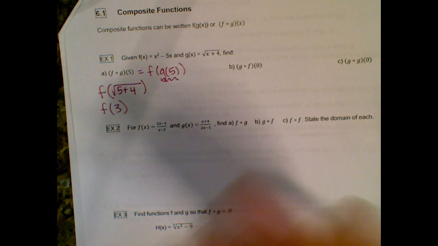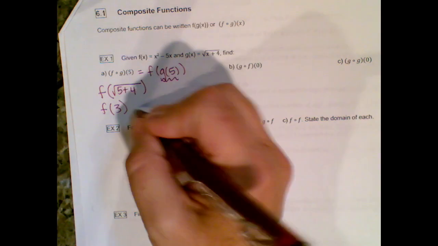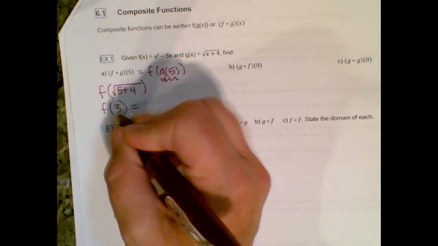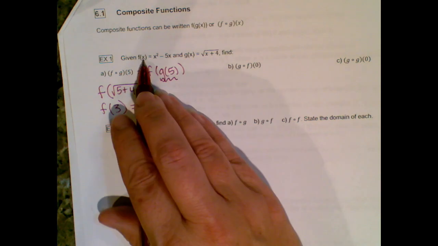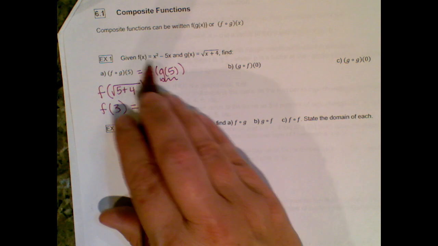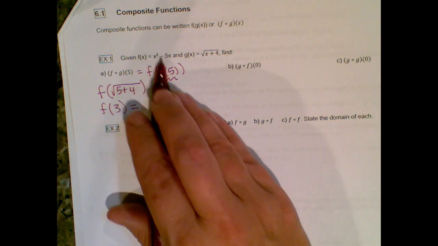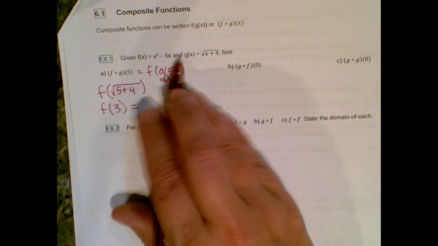So now we've turned it back into an Algebra 1 problem. Function notation, f of 3, means plug in 3 to the f function. So f of 3 means I'm going to do 3 squared minus 5 times 3.